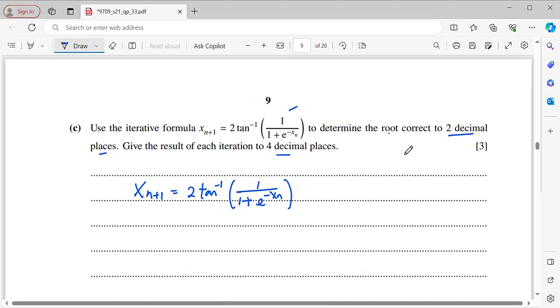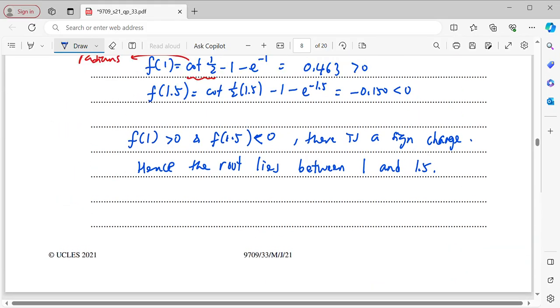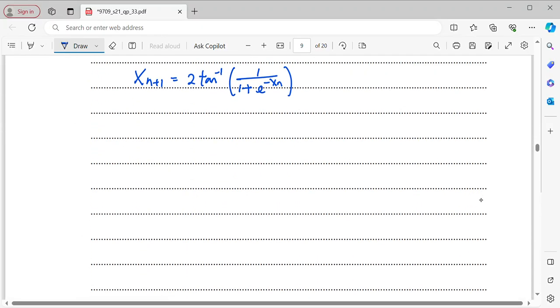So now from the previous calculation, we have proven that the x lies between 1 and 1.5. So the initial x can be any values in between 1 and 1.5, or probably can be exactly these two values. So I will just take the middle value of 1 and 1.5, which is 1.25 as my initial value. Okay, so x0 is 1.25.